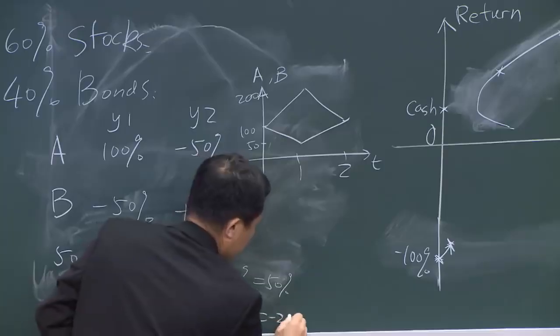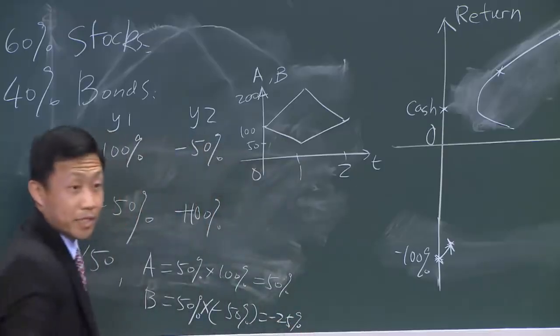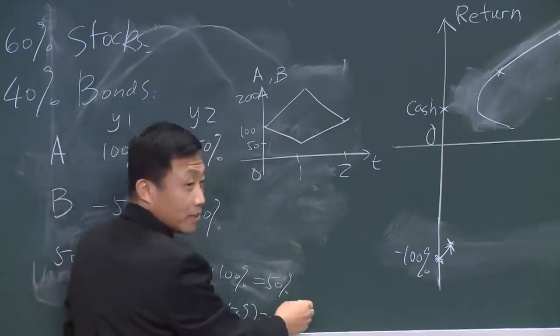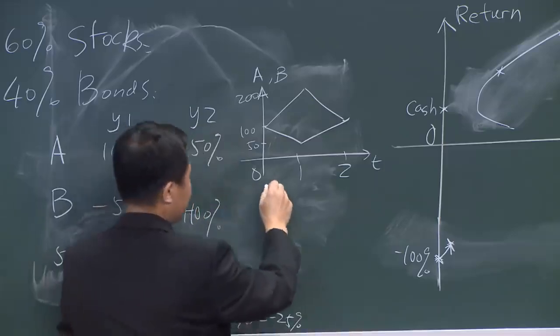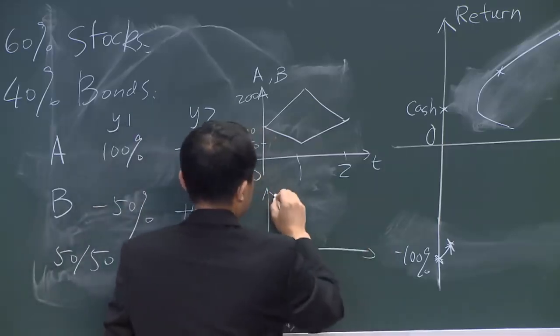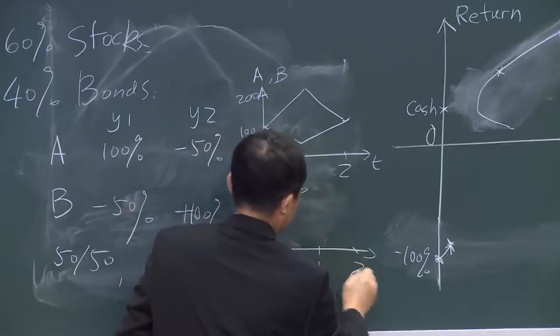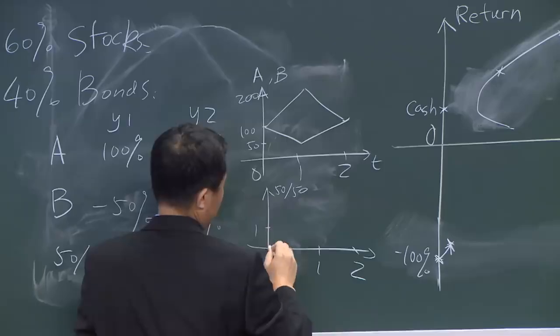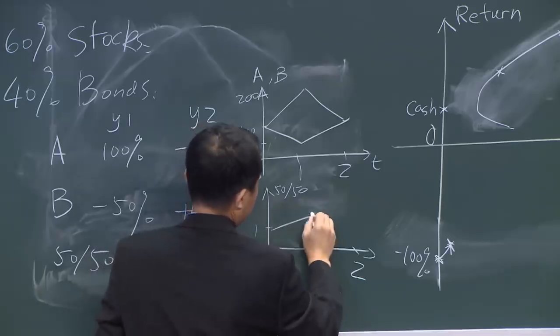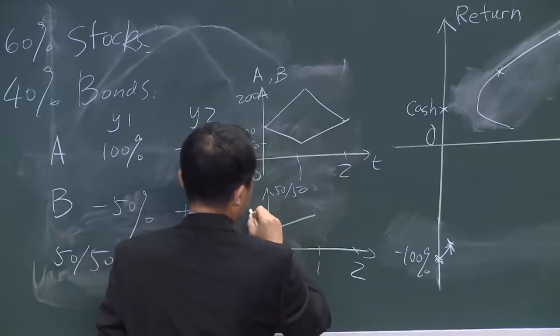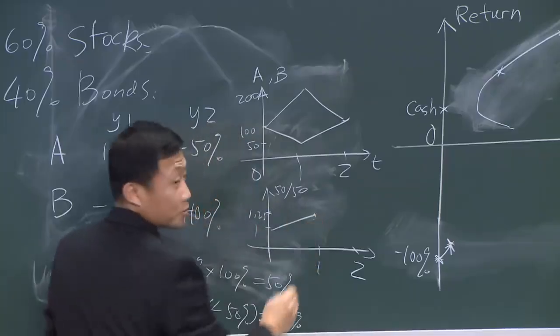So you have lost 25%. So at the end of year one, this is the combined 50-50 portfolio, year one and year two. So you started with 100. You're up to 1.25 at this point.